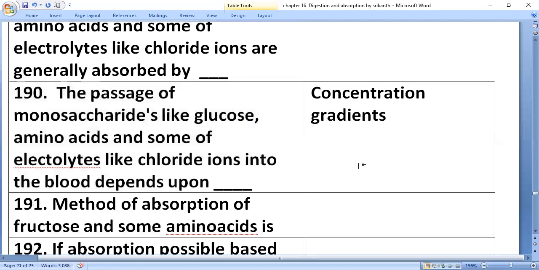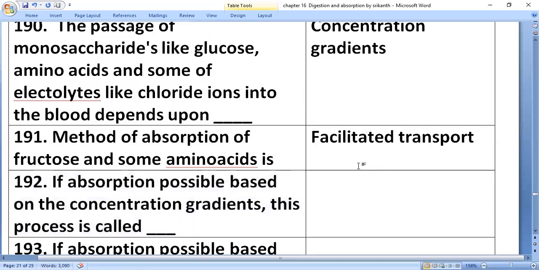Method of absorption of fructose and some amino acids: facilitated transport. If absorption is possible based on the concentration gradient, this process is called simple diffusion.